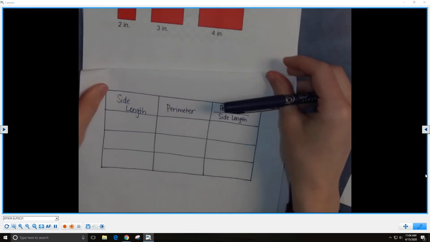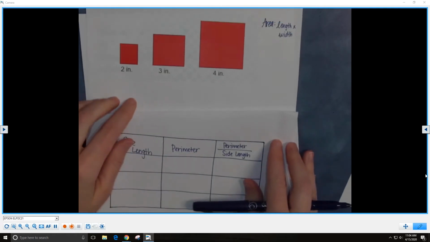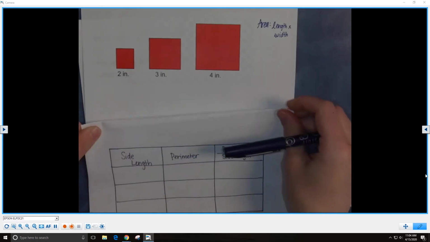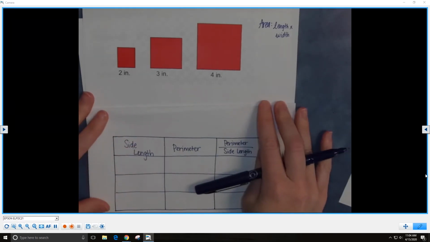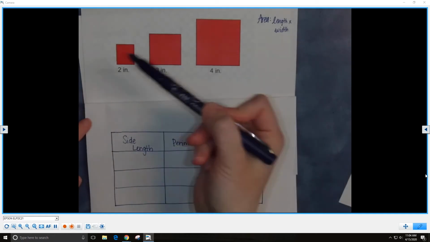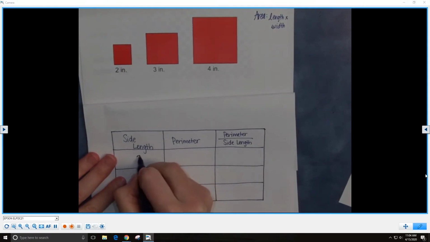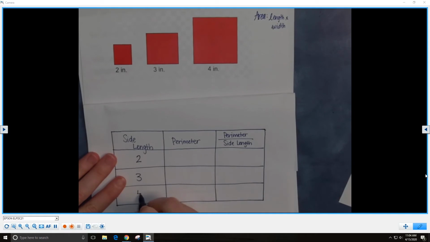This time we have a table using those same squares, but we're going to be doing perimeter here. And so this time our table says perimeter rather than area. And remember that perimeter is all the sides added up, or since all the sides are equal, 4 times the side length. So our side lengths are still 2, 3, and 4 inches.